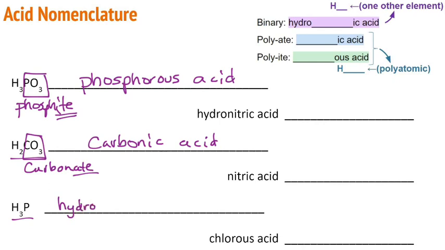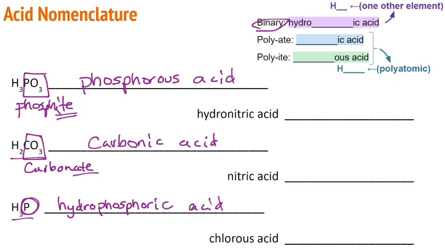It's just a binary acid. So hydro, the middle of our name, the root of this name is going to be this element's name, phosphorus. And instead of that us ending, we change it to ic. All of our binary acids end with ic. So hydrophosphoric acid is its name.